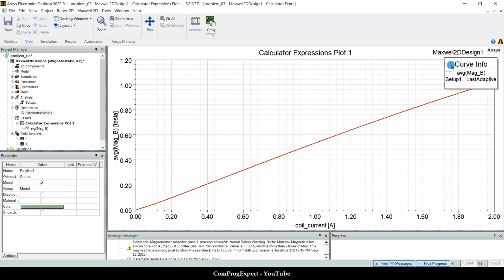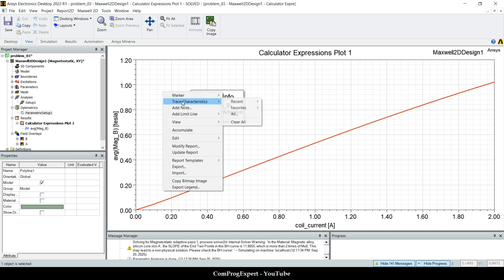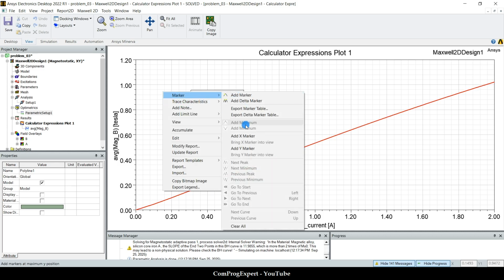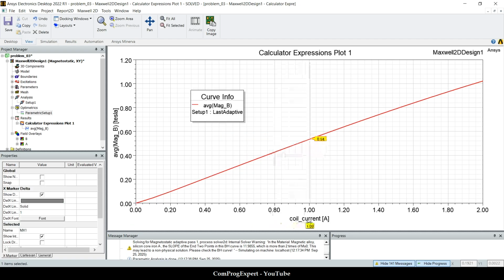Anyway, so here is the new case, and now I can add this X marker. As you can see here, the average value of the magnitude of the B in the air gap is 0.5 Tesla. The current is 0.93. Okay, so we found this number using a parametric simulation.